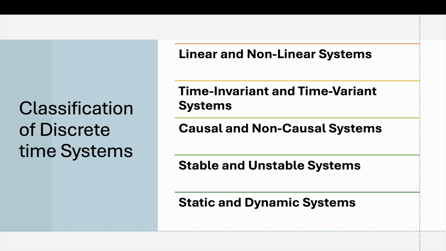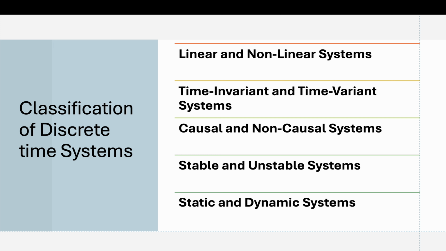A non-causal system means the response depends on future inputs, as in y of n equal to x of n plus x of n plus 1. Then we can say that the system is non-causal. A non-causal system exists in non-real time. It doesn't exist in real time. What are future inputs? Usually we don't have any future inputs.